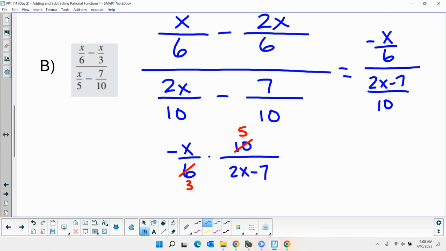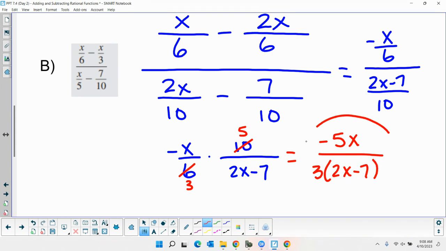I can't factor that 2x minus 7. I can't cancel this x with that x because of that minus sign. If that was just a 2x or maybe a negative 14x, whatever, then we could cancel the x's, but we can't. So the top is just negative x times 5 is negative 5x. And the bottom is just 3 times 2x minus 7. You don't have to distribute the 3.